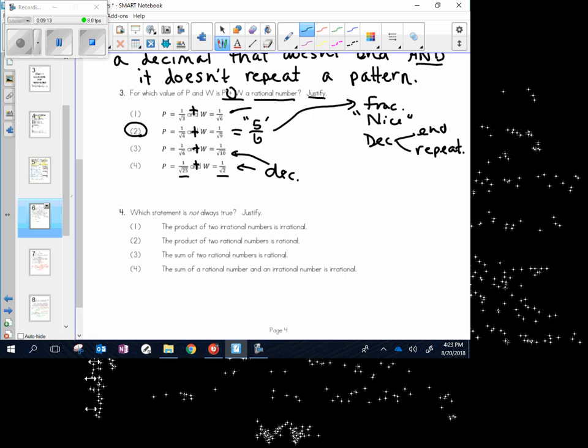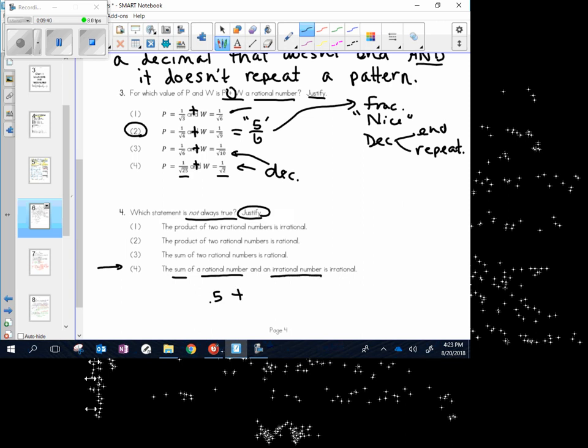This next question is really tricky, and we might want to discuss it in our classes, but just to give you the idea of what's happening here, it wants you to know which one is not always true. So in order to justify it, you'd have to come up with some examples and show why this is not always true. So I'm going to start with choice 4 just because I have more space below it. The sum of a rational number, so I'm thinking maybe 0.5, and an irrational number.